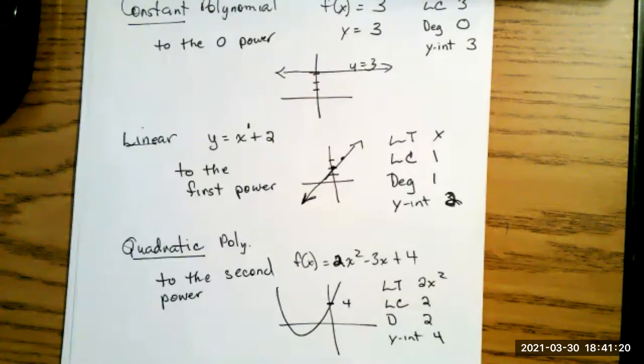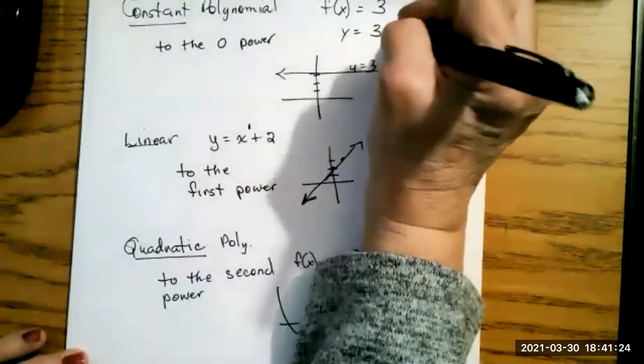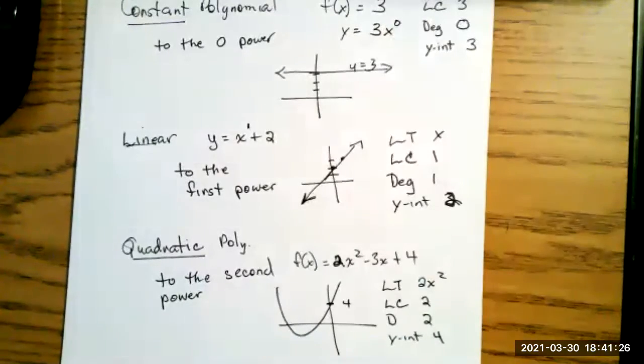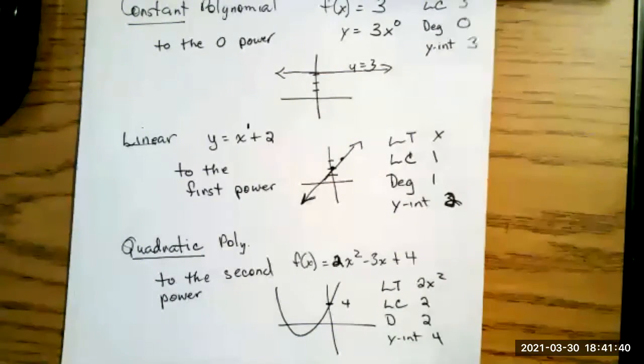It's just a number. It's to the 0 power. Because I could put x to the 0 in there if I wanted to. X to the 0 is just 1, and 1 times 3 is 3. Cubic. Cubic is next.